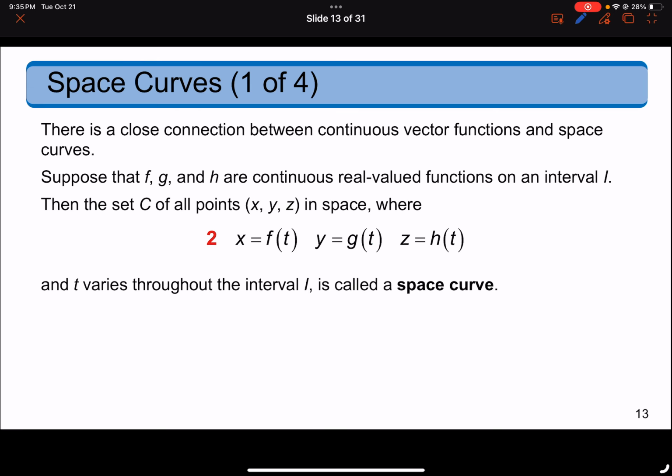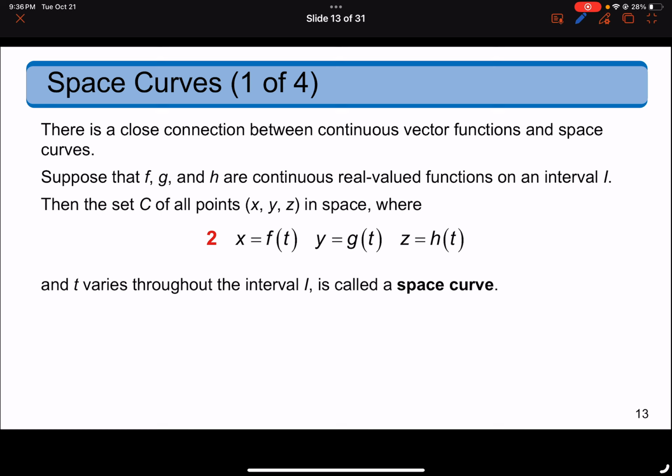Now let's have space curves. There is a close connection between continuous vector functions and space curves. So what figure are we going to develop from these three-component vector functions? It would be a space curve.